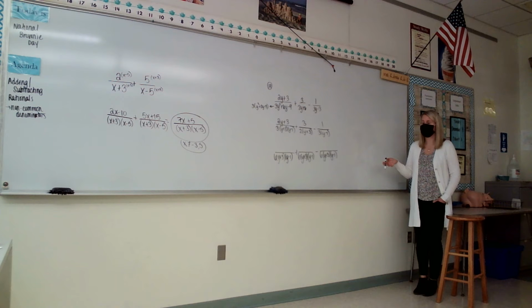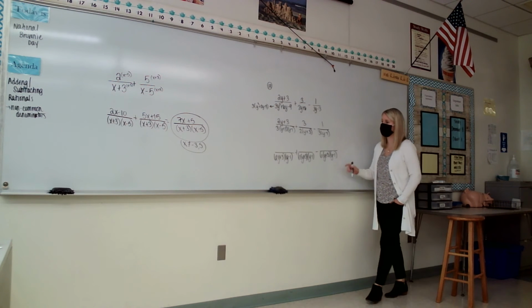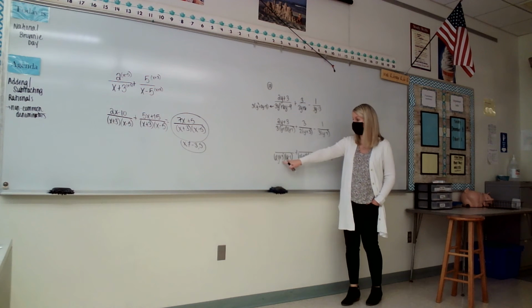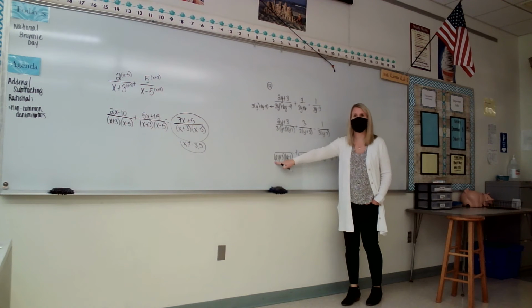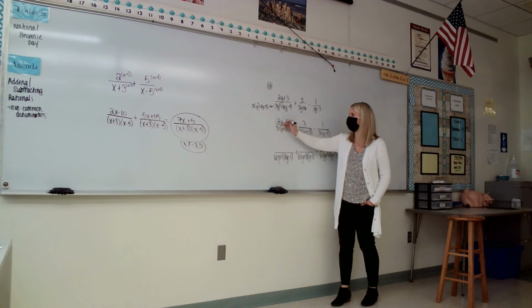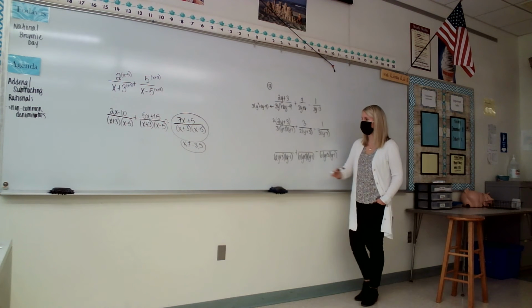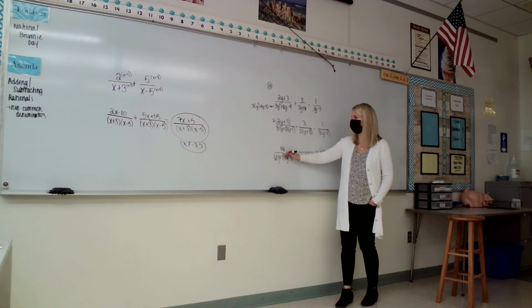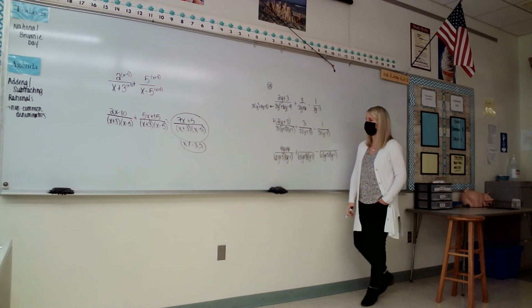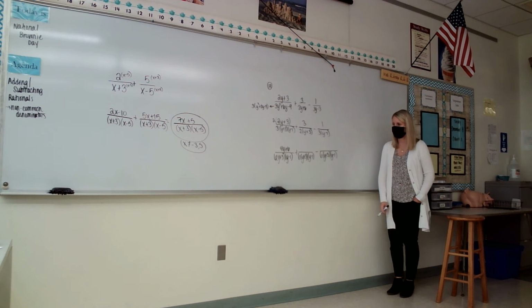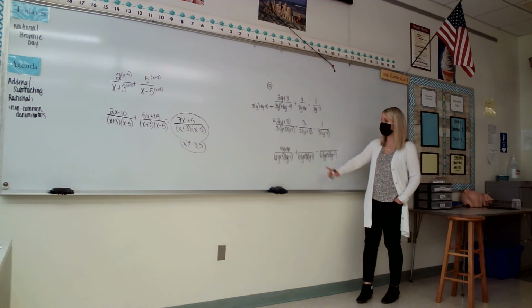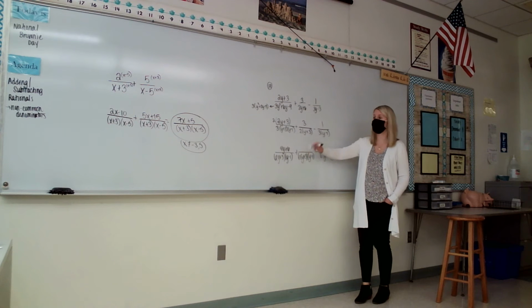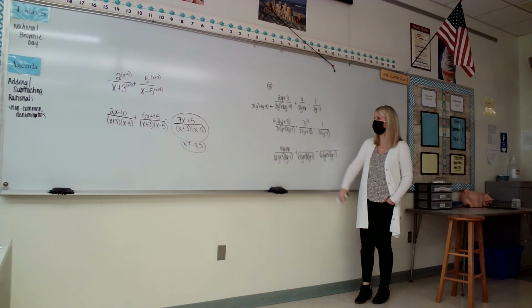Now we need to see, do we need to change any numerators? So we have, the binomials are good, but we went from a 3 to a 6. So we need to multiply this entire thing by 2, right? So that would give me 4y plus 6. So now look here. I went from a 2 to a 6, so I'm going to have to multiply by 3.